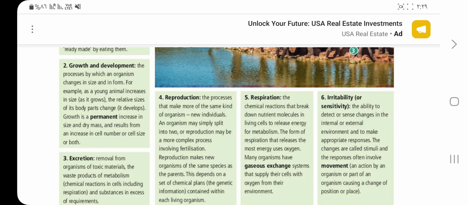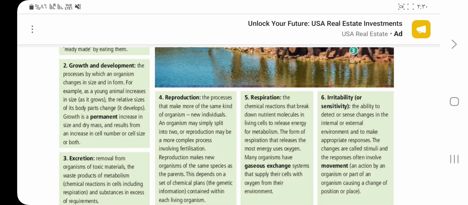And growth is a permanent increase in size and dry mass and results from an increase in cell number or cell size or both. Again, growth and development: growth is an increase in size, but if the relative size of its body parts changes, it's called development.